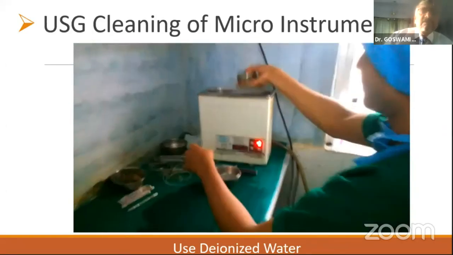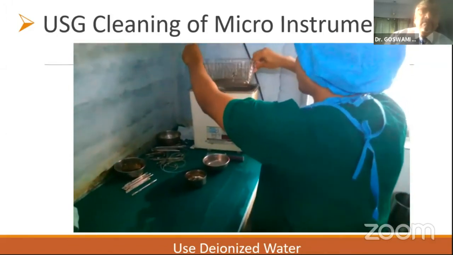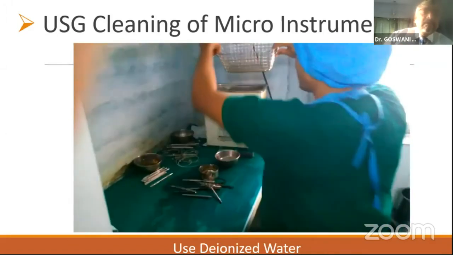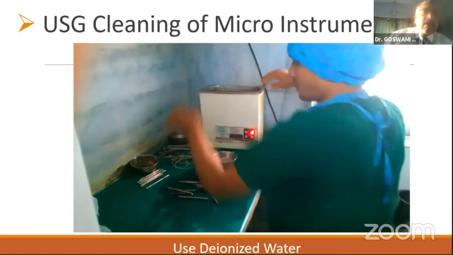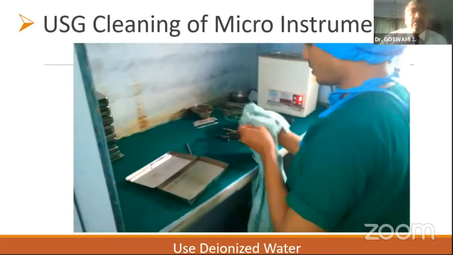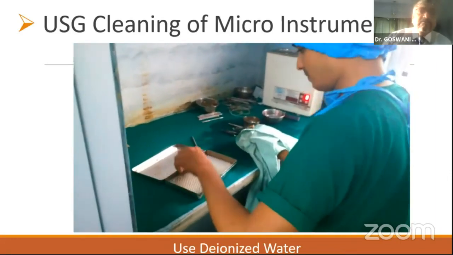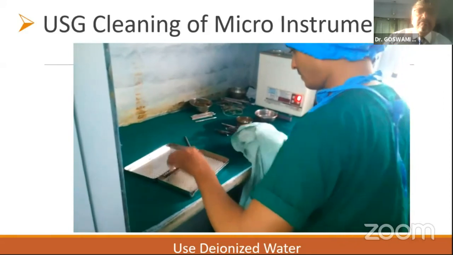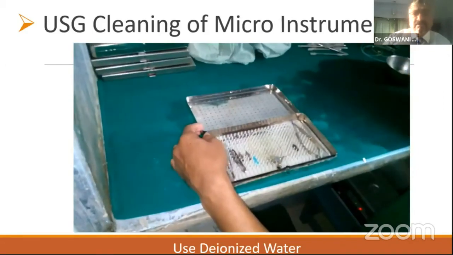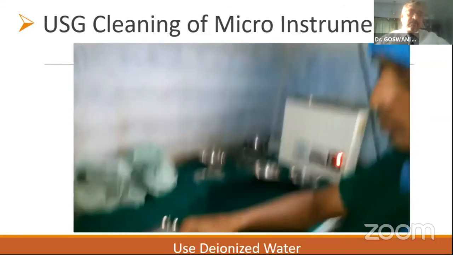So once the instruments are taken out from a clean deionized water bath, they are then again wiped and arranged. You can use a hair dryer also instead of wiping. Some people prefer that. If you're using a cloth, it should be a lint-free cloth which doesn't release tissue from it.